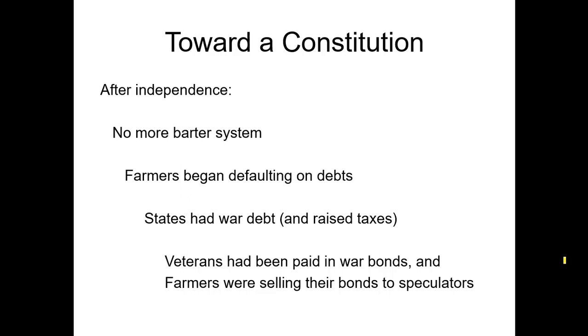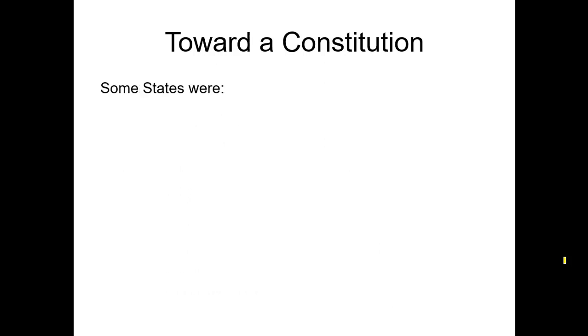So the farmers were selling their bonds to speculators who would then later cash in and make quite a bit of profit on that. But the farmers were the ones getting hurt on all sides here. So economically, it was becoming the problem.